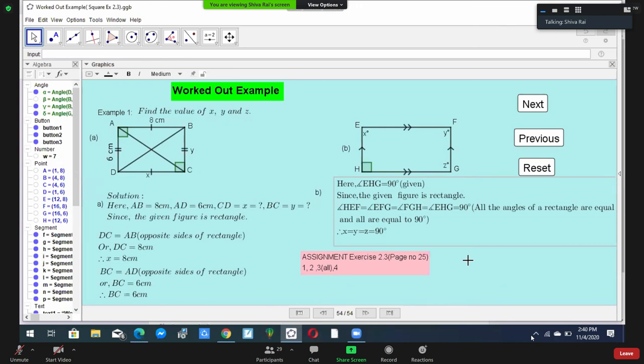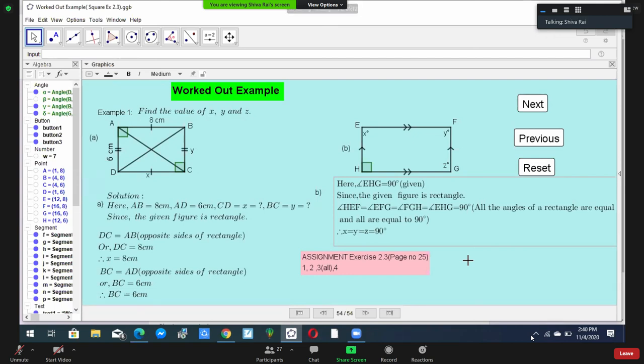Okay. So I think our time is almost going to finish. So next time I think I will start another topic. So everyone, you do this exercise assignment. You look at the screen. Assignment: exercise 2.3, page number 25.